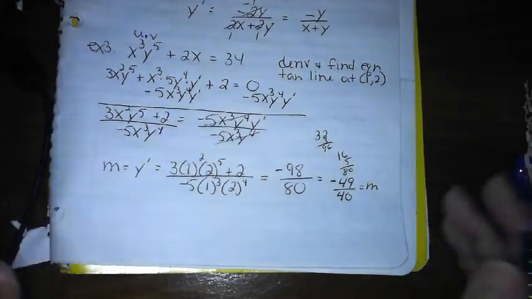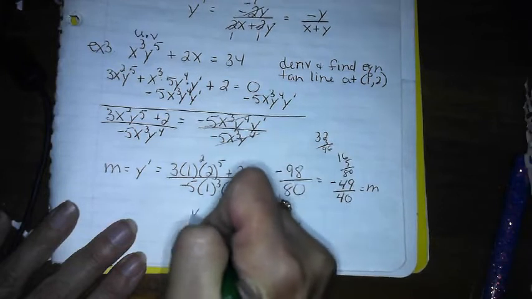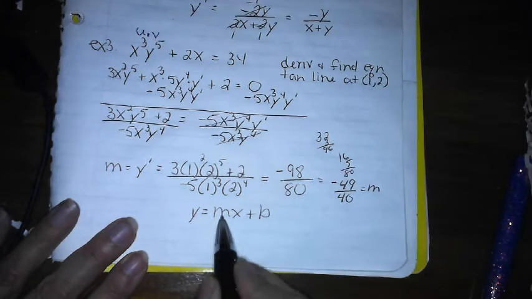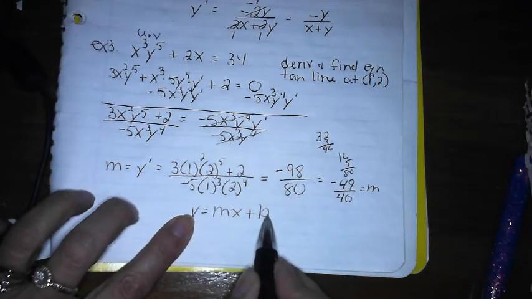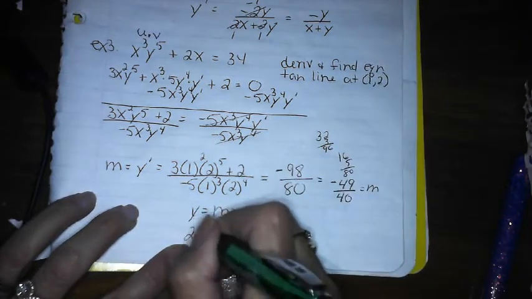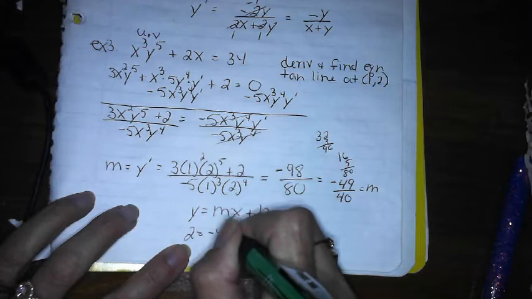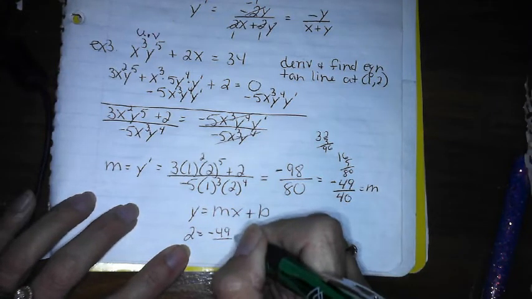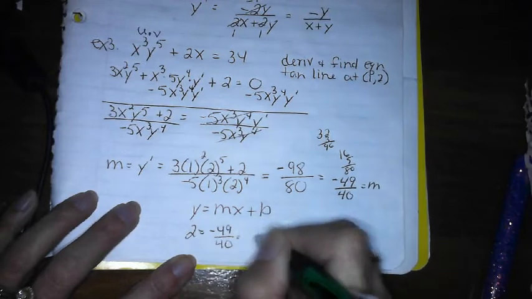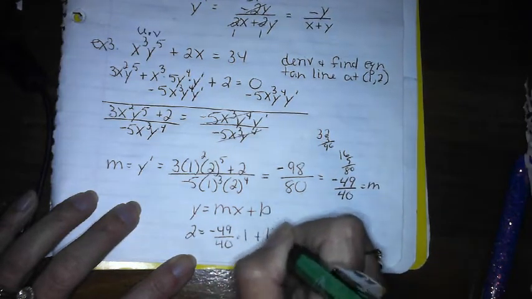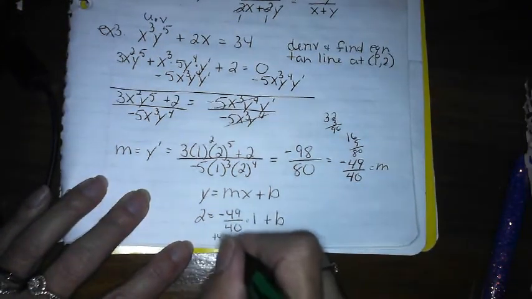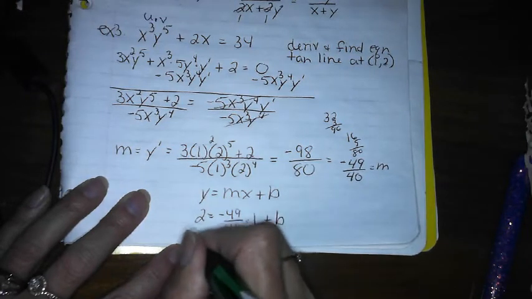Now we just need to figure out the b. So if we go into y equals mx plus b, I've got the m. I've got an x and y. That'll let me solve for the b. So the y is 2. The m is negative 49 40ths. The x is 1 plus b. So all I've got to do is add 49 40ths to 2.